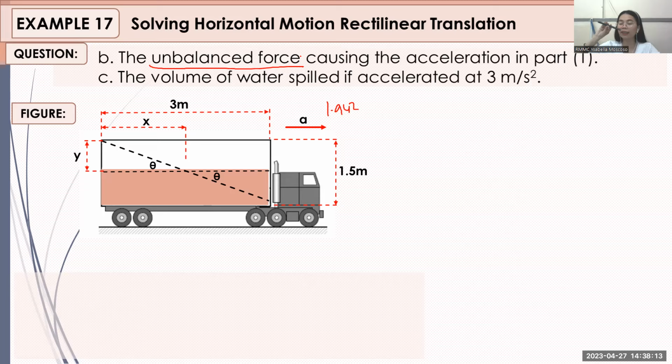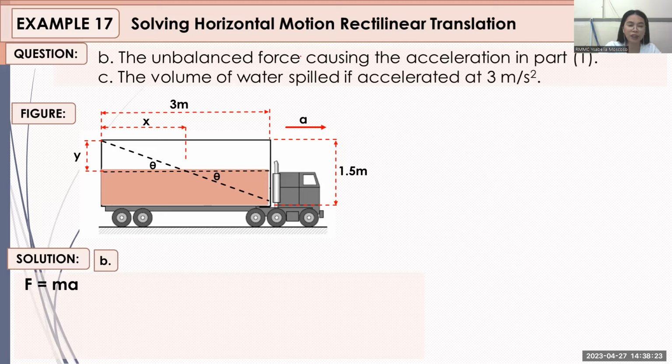Okay? Because of the acceleration, magkakaroon ng unbalanced force. And we know that your reverse effective force is mass times acceleration. Okay? And we know that your mass is equivalent to mass density times the volume. Kapag walang acceleration, when there is no acceleration, wala ding reverse effective force. Makes sense? So, ganun lang yun.